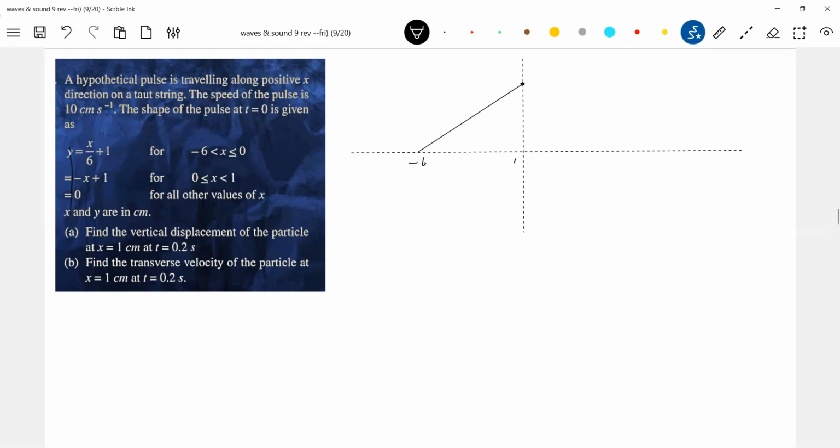X equal to 0, y will be 1. So this got over. Now put x equal to 1, it will be 0. So this will be the pulse. This is at t equals 0. The shape of the pulse at t equals 0, traveling along the positive x-axis.